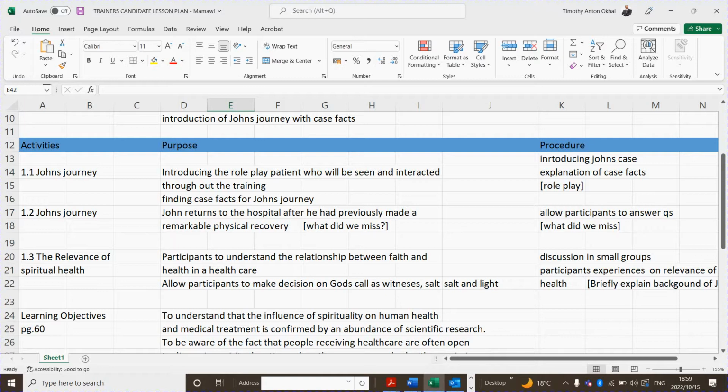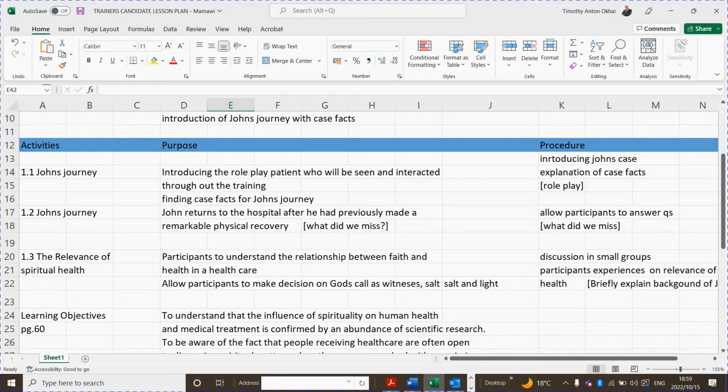Learning objectives are to understand that the influence of spirituality on health and medical treatment is confirmed by an abundance of scientific research, to be aware of the fact that people receiving healthcare are often open to discussing spiritual matters when they are approached with permission, sensitivity, and respect.